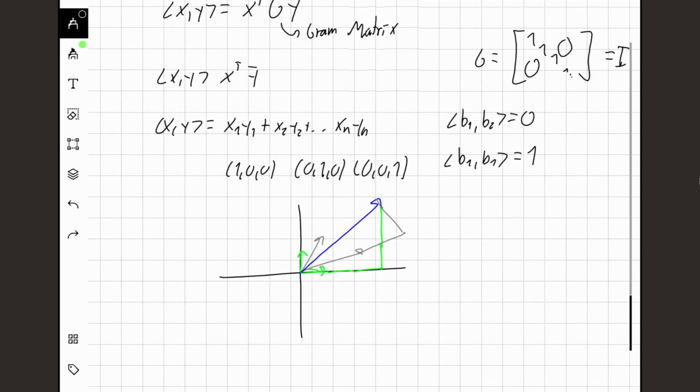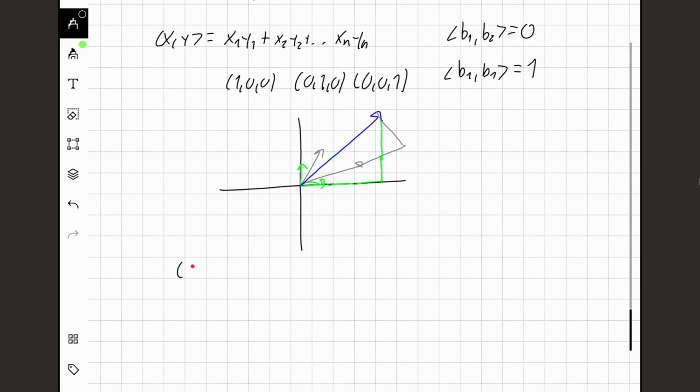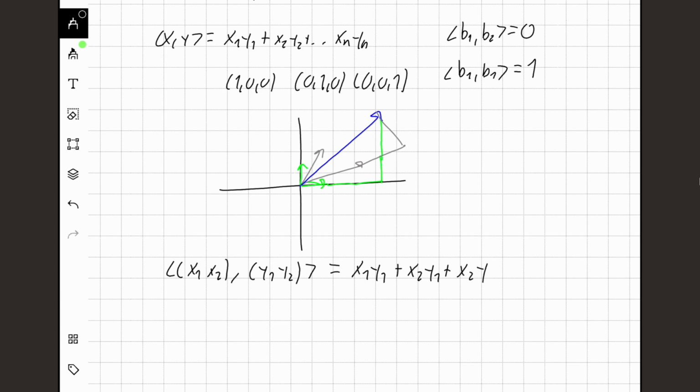If I have a two-dimensional vector x1, x2, and I take its inner product with y1, y2 with this definition, if we're not in an orthonormal basis, it would be x1 y1 plus x1 y2 plus x2 y1 plus x2 y2. Usually, with an orthonormal basis, the cross terms are 0 and only the diagonal terms remain. But with this definition, that definitely does not have to be the case.